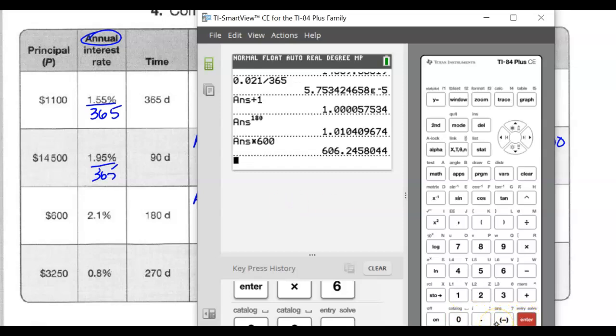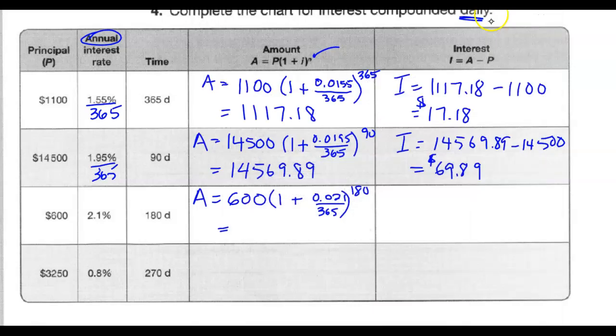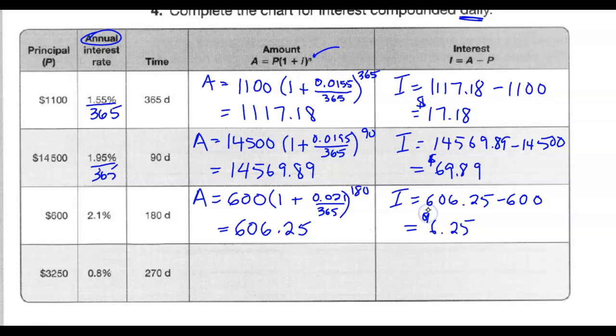So 606, again, 0.25. The 5 makes the 4 go up, so 606.25. Subtract, $6.25.